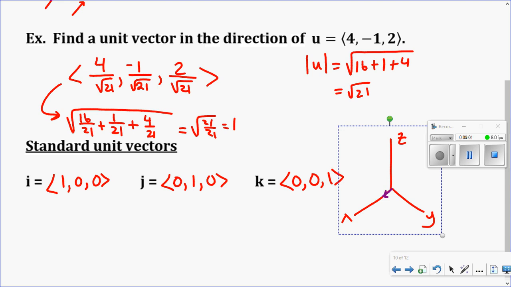The vector j is going 1 unit in the y direction, and the vector k is going 1 unit in the z direction. So it's just going 1 unit in each direction.